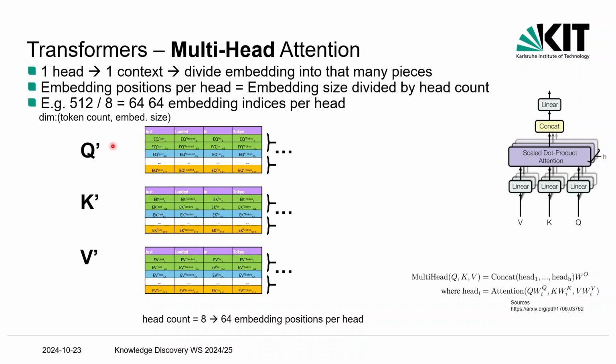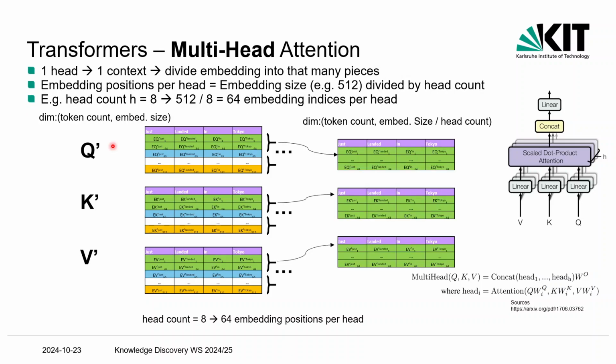Meaning that all of our 512 positions are split into 8 heads with the same amount of embedding indices in them, as we present here. So for the first head, we take these indices for the embeddings, the entries that we have here.